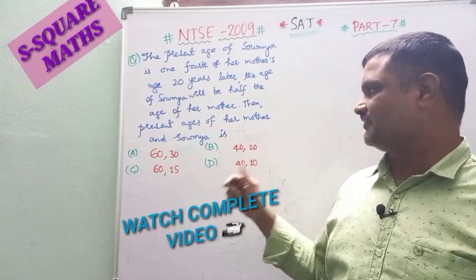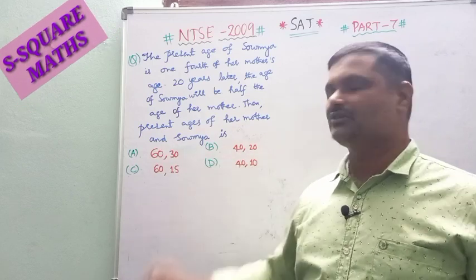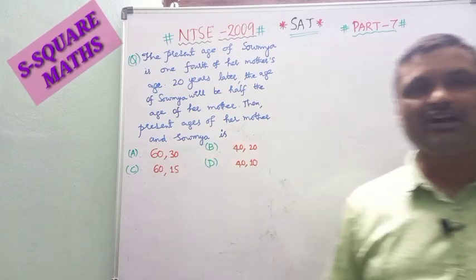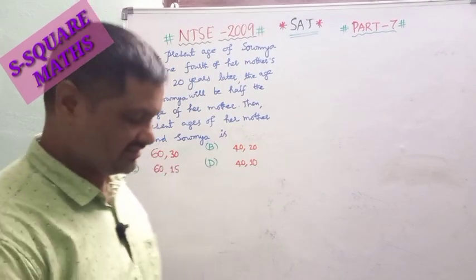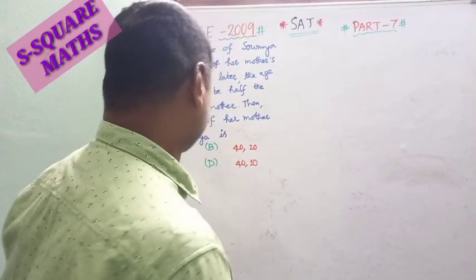For the second condition, 30 into 2 is 60 and 20 into 2 is 40. So which option to opt for? For that sake, we have to do the process. Let us check it. It's a very important and interesting video.